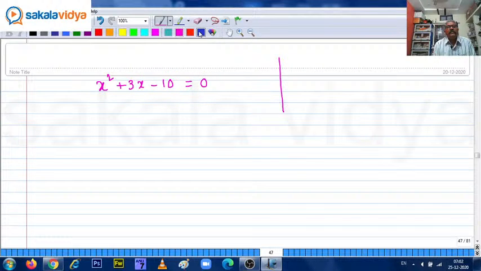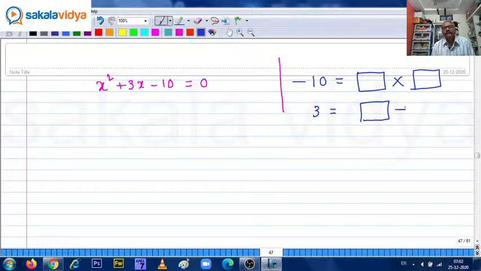Here, minus 10, the product of the x square coefficient and the constant, should be written as a product of two numbers. The x coefficient is 3. It should be written as a sum of the same numbers. In general we have 5 and 2 for 10, but 5 plus 2 is 7, and we need 3.